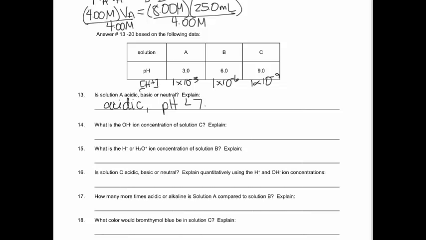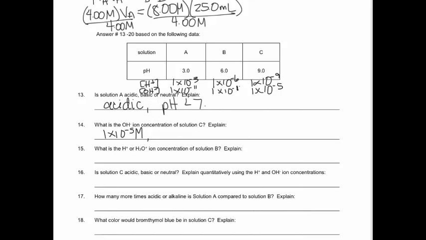And then the concentration of the OH minus, when you add the exponents, they have to total 14. So this one would be 1 times 10 to the negative 11, 1 times 10 to the negative 8. That was too small. 1 times 10 to the negative 5. So for number 14, the OH minus concentration is 1 times 10 to the negative 5 molar.